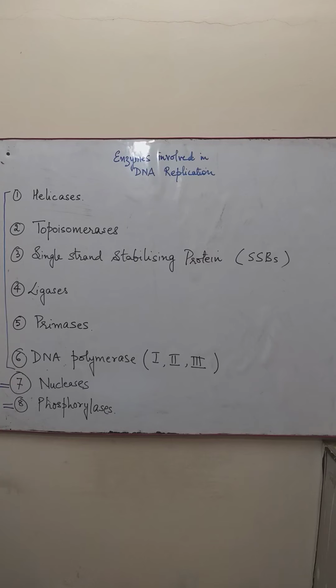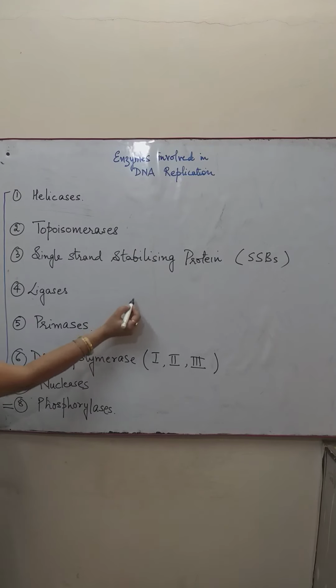Then we have the topoisomerases. Topoisomerase is a class of enzyme that helps in the release of tension. When the strands are separated after the breaking of the hydrogen bond, they are still in the habit of coiling.